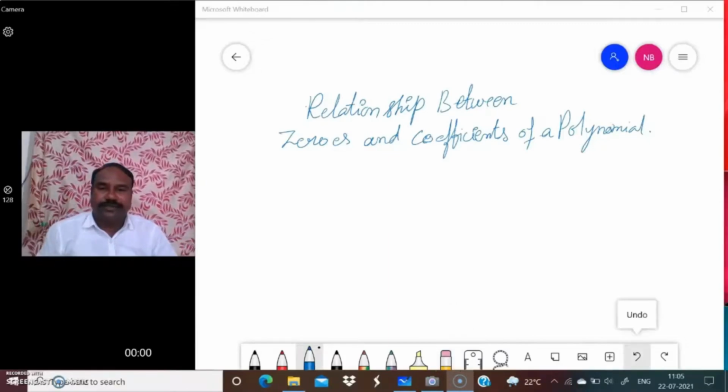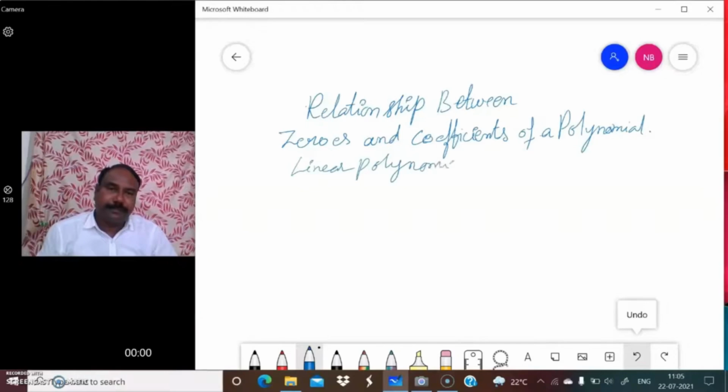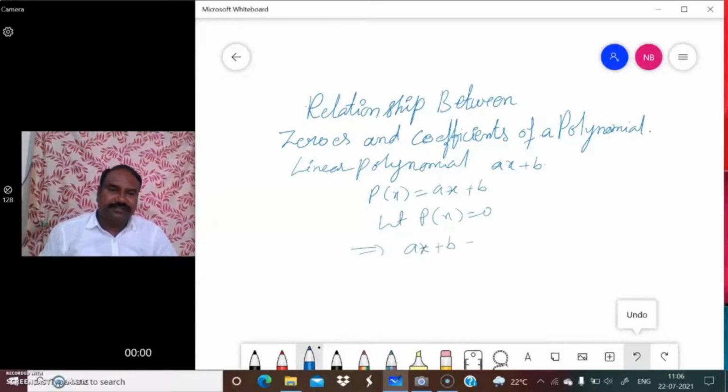In this polynomial chapter, today we learn about the relationship between zeros and coefficients of a polynomial. The general form of a linear polynomial is ax plus b. So let p of x be ax plus b. Let p of x be equal to 0. That implies ax plus b is equal to 0.